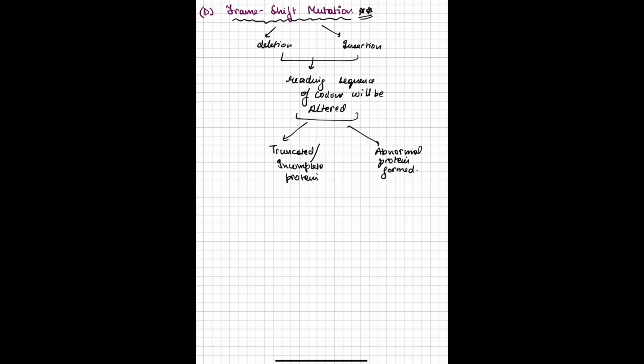One of the most important examples of frame shift mutation, and that too of deletion, is cystic fibrosis. What happens in cystic fibrosis is that there is deletion of 3 nucleotides, which results in loss of phenylalanine.